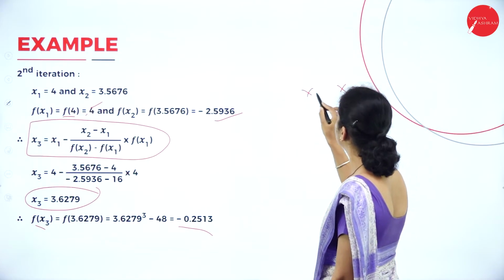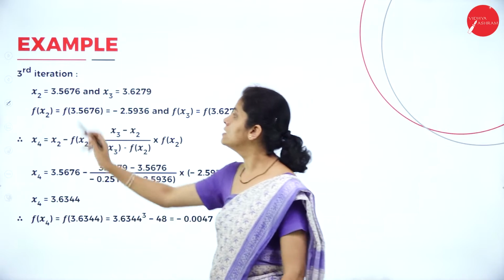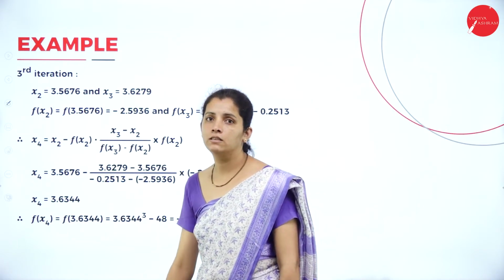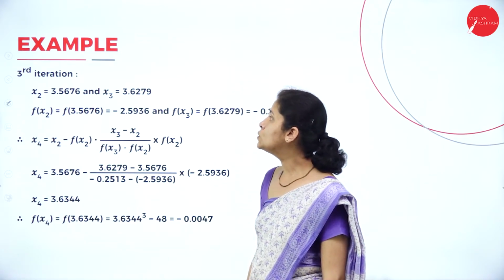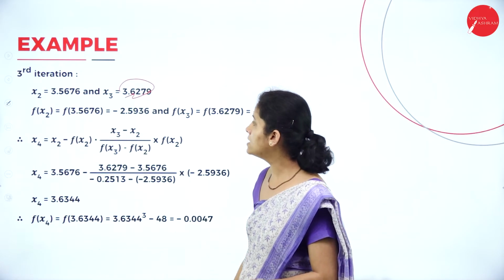For the next iteration, what is the value? x3 and x2 I'm going to consider. So what is x2? That is 3.5676. And what is x3? That is 3.6279. So this is the previous iteration answer.